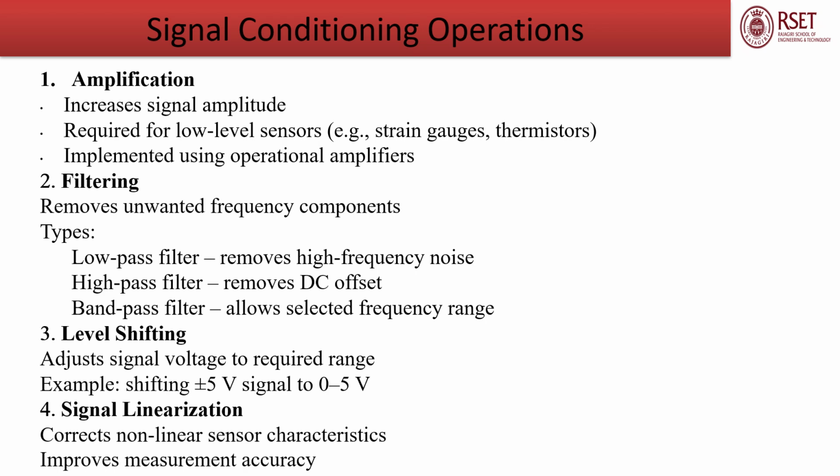The third step is level shifting, which adjusts the signal voltage to the required range, for example, converting a plus or minus 5 volt signal to a 0 to 5 volt range. The last step is signal linearization, in which it corrects the non-linear sensor characteristics, thereby improving the measurement accuracy.